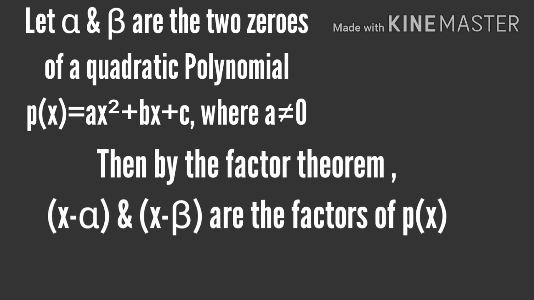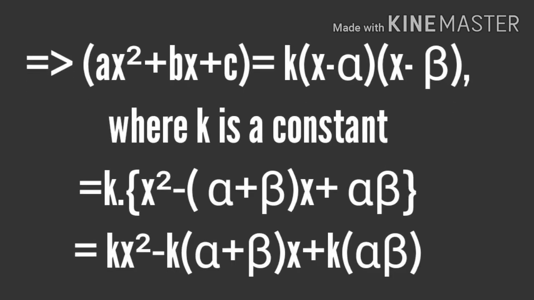Then by the factor theorem we can say that x minus alpha and x minus beta are the factors of p(x). Now the given quadratic polynomial can be factorized as k into (x minus alpha) into (x minus beta), where k is a constant, and as we proceed we finally get kx² minus k(alpha plus beta)x plus k alpha beta.